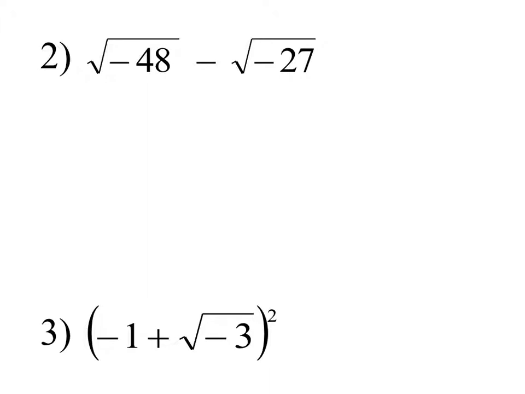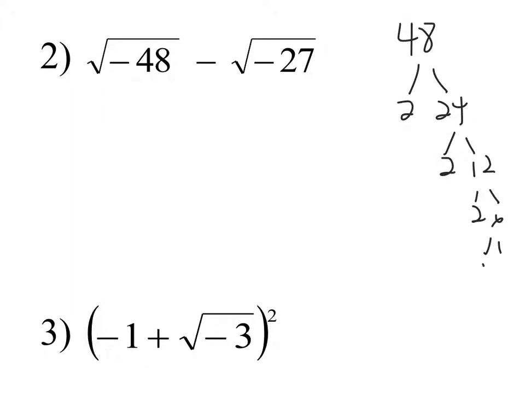Well, I know that 48 can be broken down into some parts. So 48 divided by 2 is 24, 2, 12, 2, 6, 2, 3, 16 times 3.